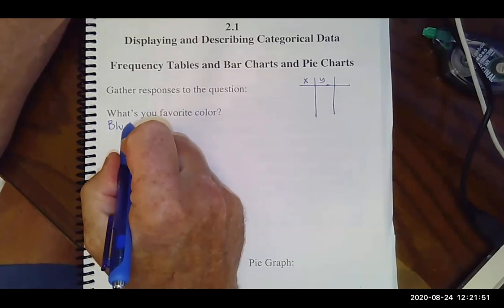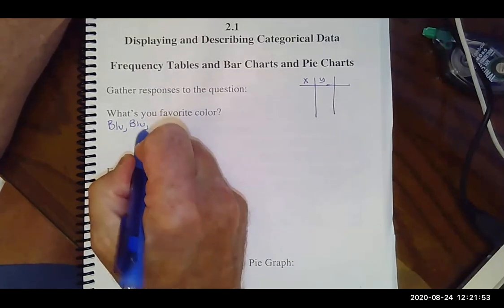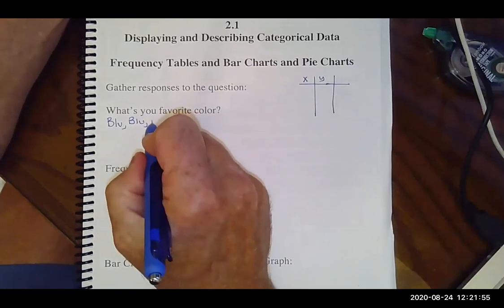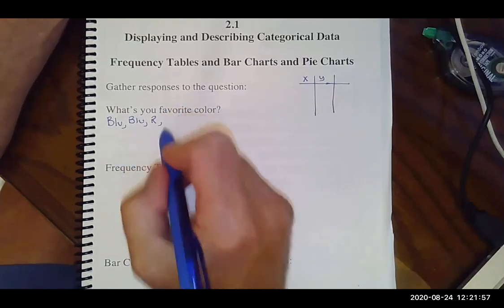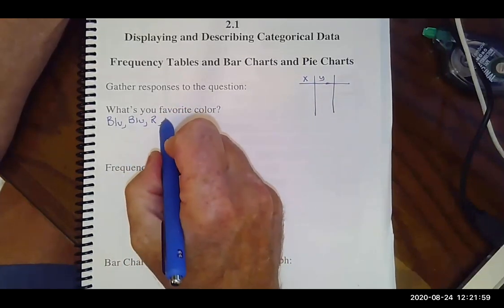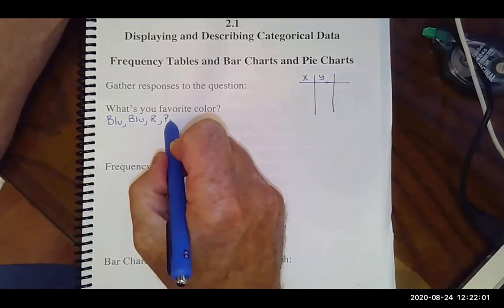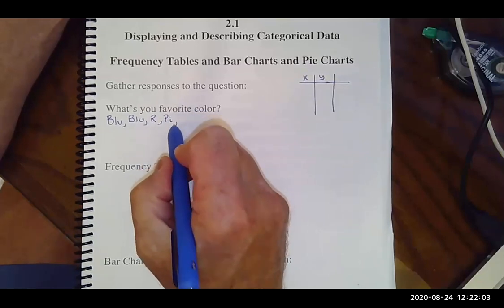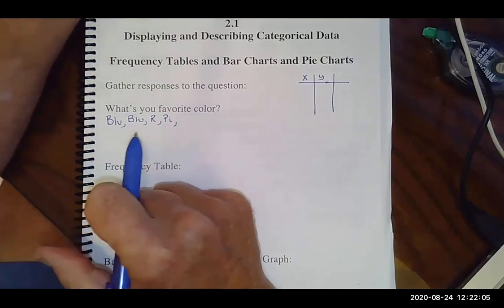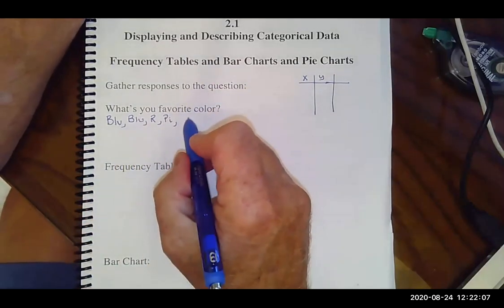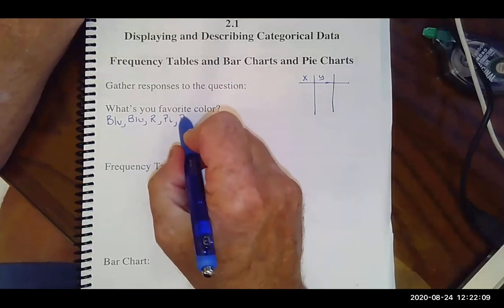Blue. Red. Pink. I'm going to do PI for pink because somebody is apt to say purple. So PI. Purple. Thank you.